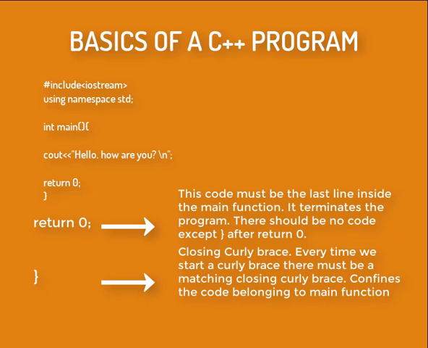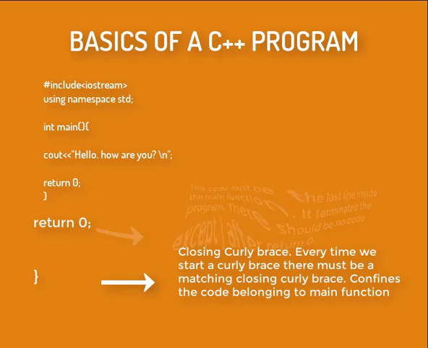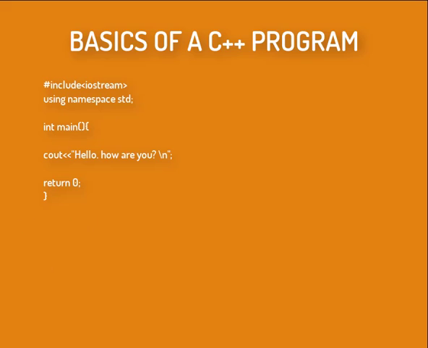Unless we close the opening curly brace, the program will remain open-ended, meaning there will be no end to the main function. So the closing curly brace is confining the code belonging to the main function. The starting curly brace is right after the open close parentheses, and the closing curly brace is placed where the main function ends. This confines or delimits the code belonging to the main function.